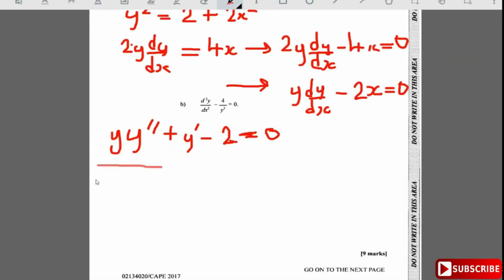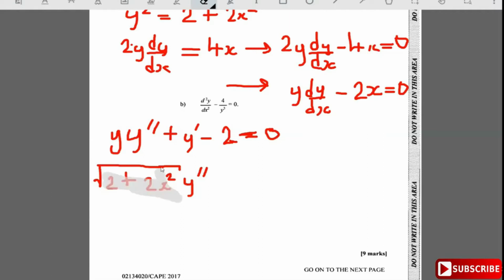So y is the square root of 2 plus 2x squared times y double prime, plus y prime. Y prime is dy by dx. Looking at it, dy by dx is 4x over 2y. I don't even need to write out what y is. Write it as y times y prime.